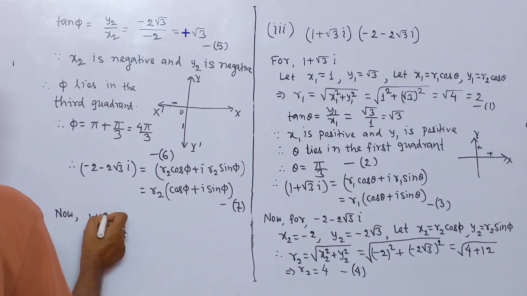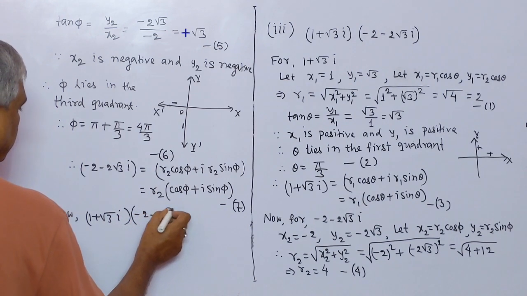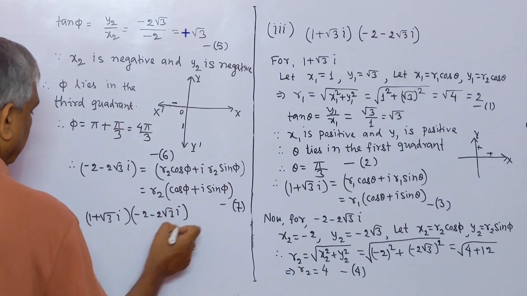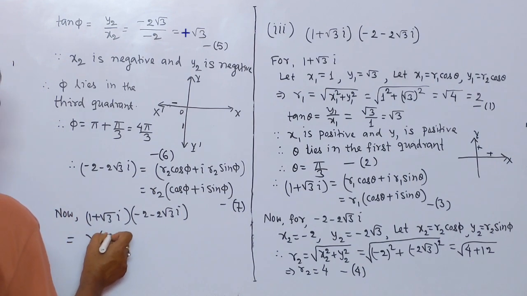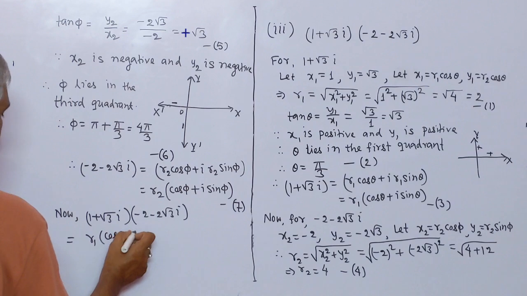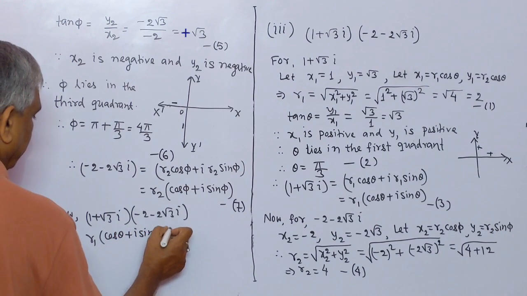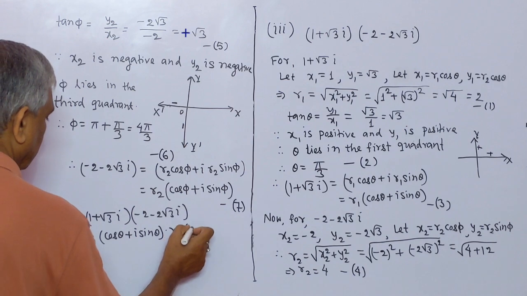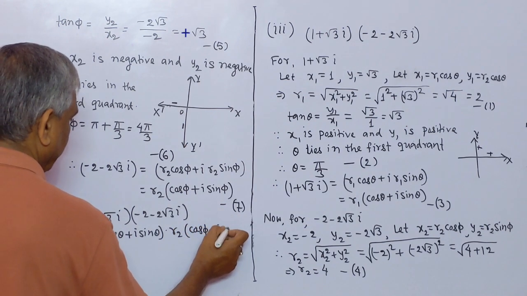Now, 1 plus square root 3 I multiplied by minus 2 square root 3 I equal to r1 cos theta plus I sin theta multiplied by r2 cos phi plus I sin phi.